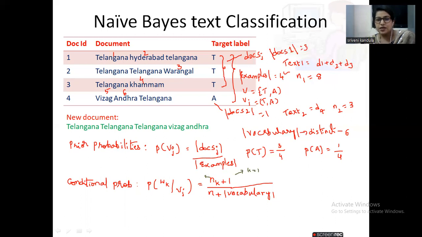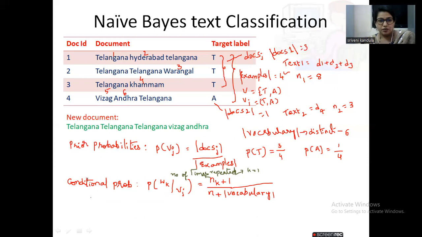So if I am considering text 1, in that text 1, in total how many times it is repeated; if I am considering text 2, how many times it is repeated. N indicates the number of words in either text 1 or text 2. Vocabulary we already calculated.